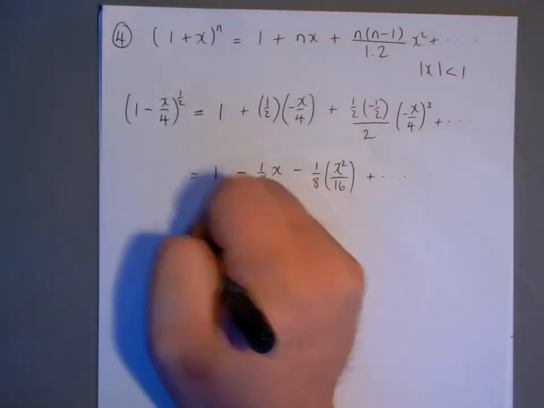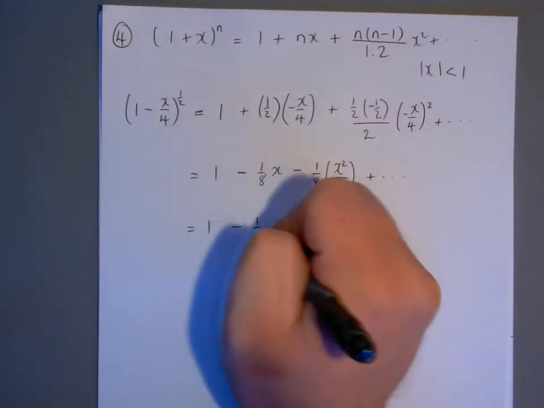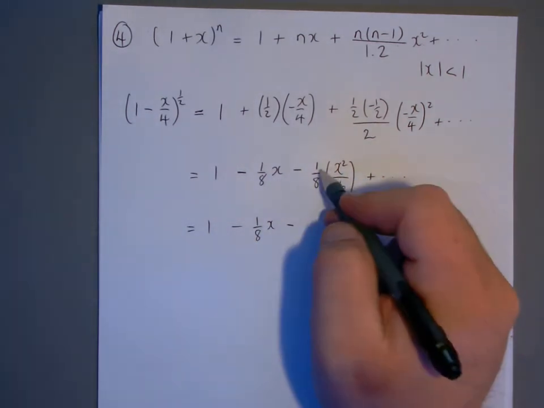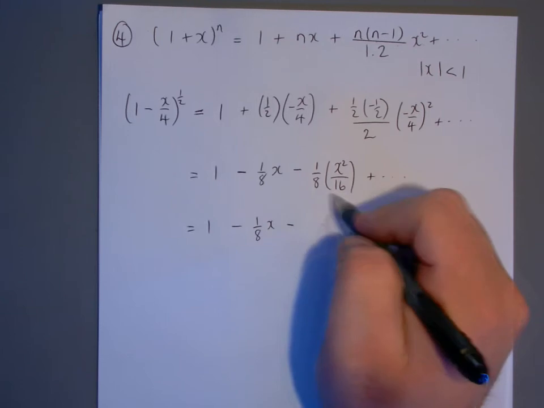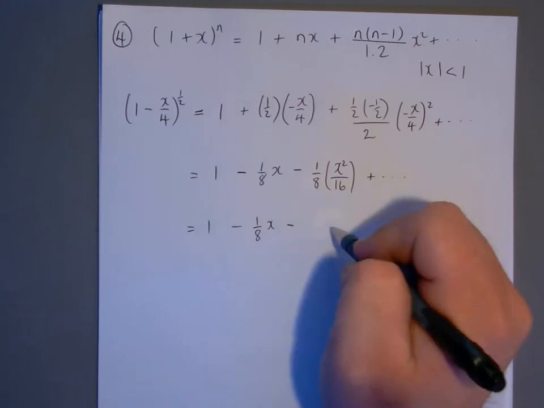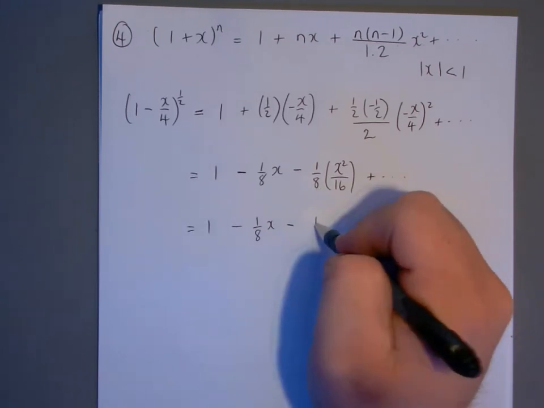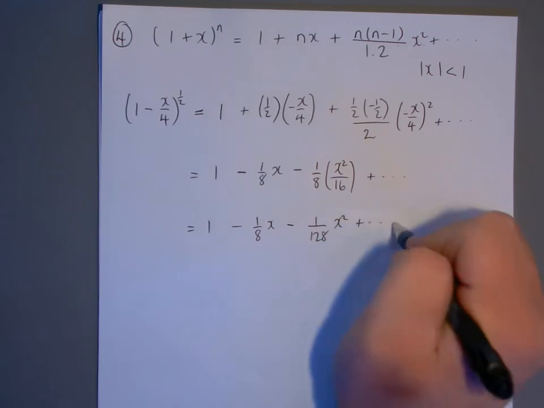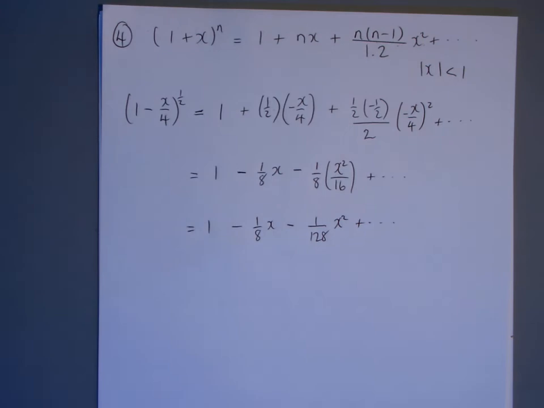So finally, simplifying, 1 minus 1/8 x, minus 1 times x squared is x squared, 8 times 16 is 128, so that'll be minus x squared over 128, plus dot dot dot. Okay, so there's our expansion.